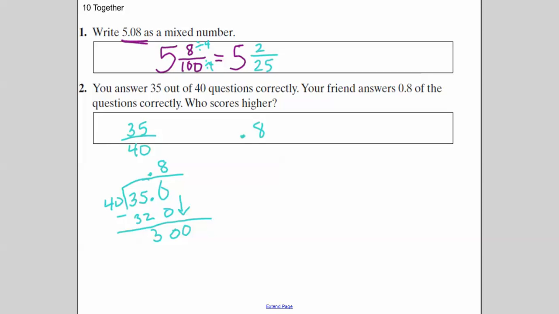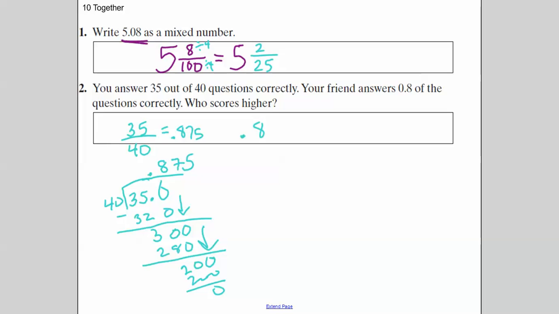Now, how many times does 40 go into 300? That should be a 7, which gives me 7 times 4 is 28. So now I'm going to bring down my other 0. 40 should go into 200 5 times. So this is going to be a terminating decimal.